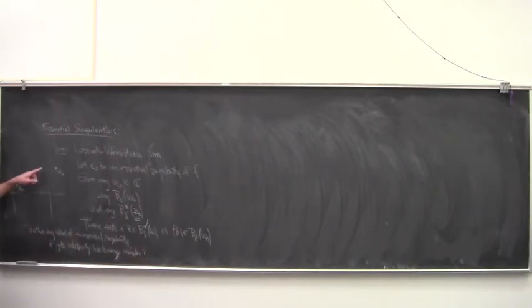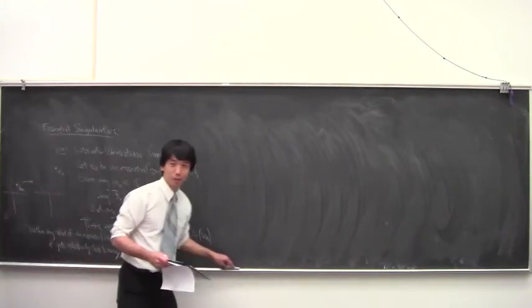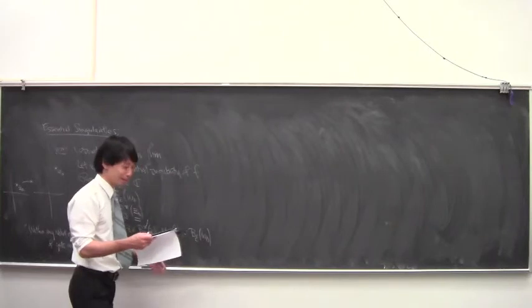No matter what complex number you choose, and no matter what neighborhood you choose, there's going to be somebody in here that maps inside there. And that's not even the great theorem. Not even the little theorem.